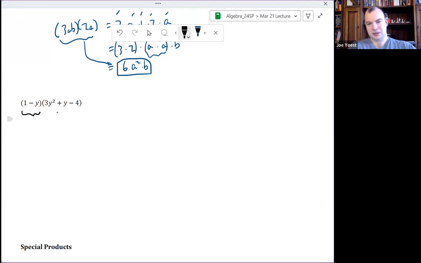So I'll just pretend that this is the monomial, that it's one unit, parentheses, 1 minus y, and parentheses, and that's the piece that I'm going to distribute through to the polynomial. So this 1 minus y is going to distribute through to the first term, the 3y squared, to the second term, the plus y, and to the third term, the minus 4.